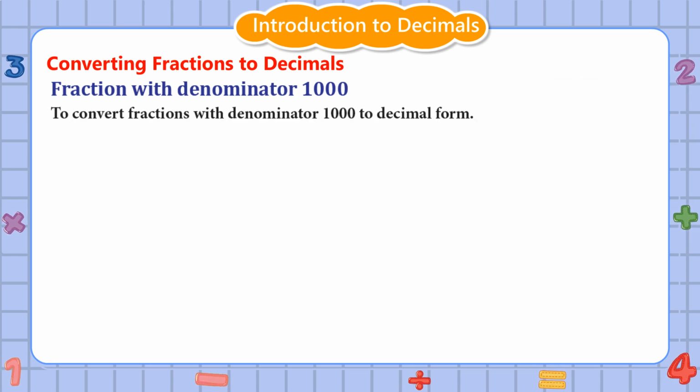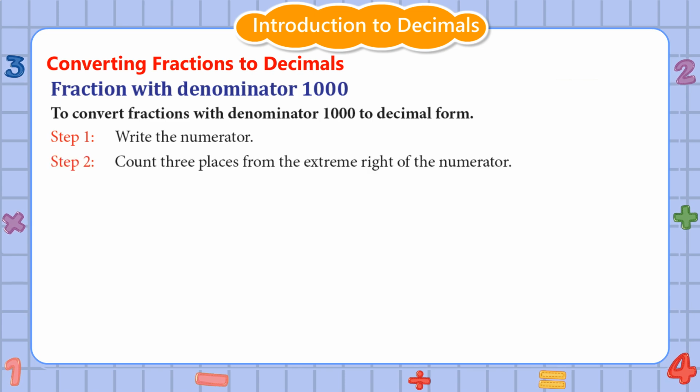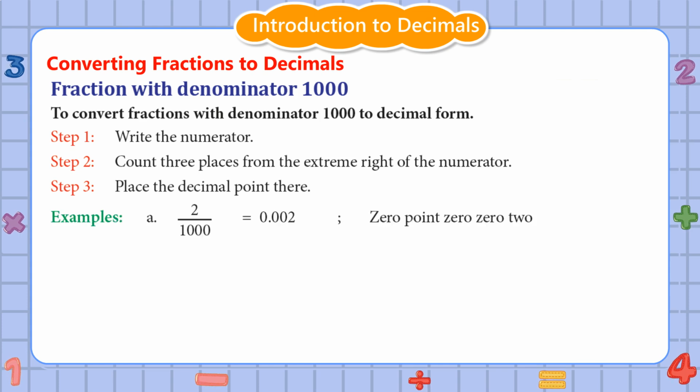Fraction with denominator 1000. To convert fractions with denominator 1000 to decimal form: Step 1. Write the numerator. Step 2. Count 3 places from the extreme right of the numerator. Step 3. Place the decimal point there. Examples. A. 2 upon 1000 is equal to 0.002.